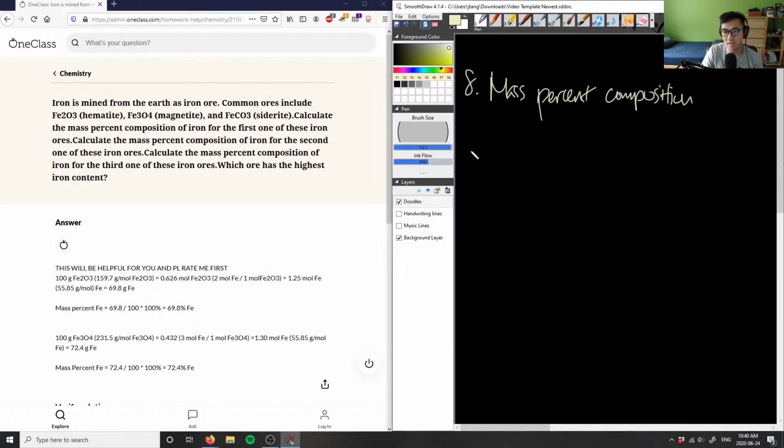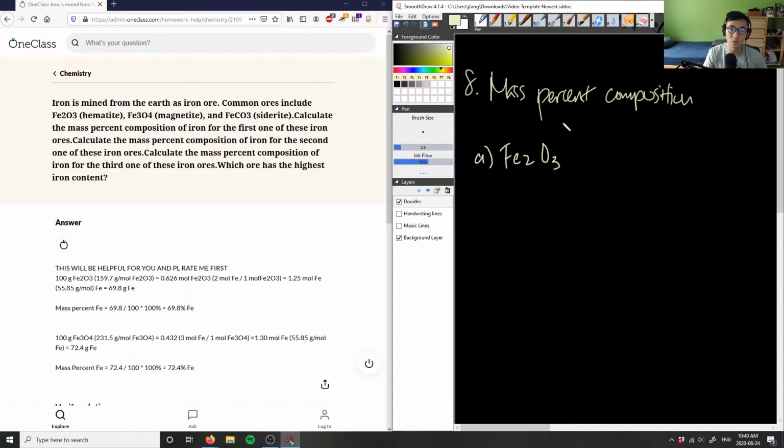So let me break this down. A here is Fe2O3, so this is hematite for our first mass composition. In all of these problems for mass percent composition, every time you see a percent, we need to assume something.